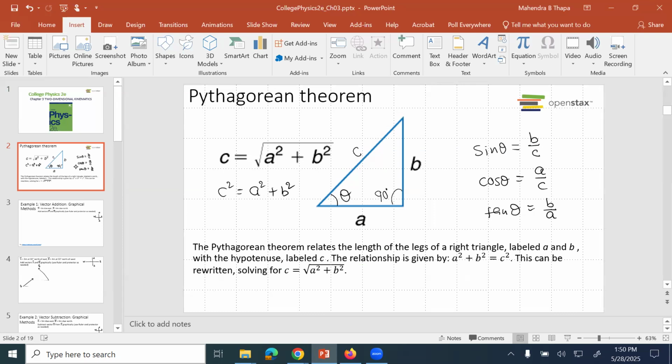These are the steps, these are the trig equations we may need in future. So we can define sine theta, cosine theta, and tan theta. And one more thing is sine squared theta plus cosine squared theta equals 1.